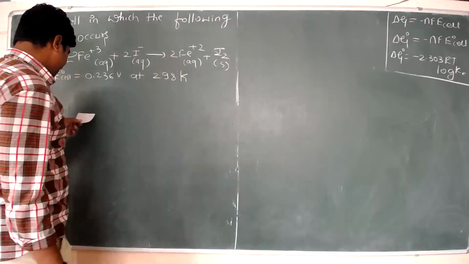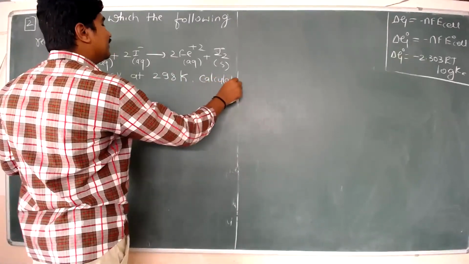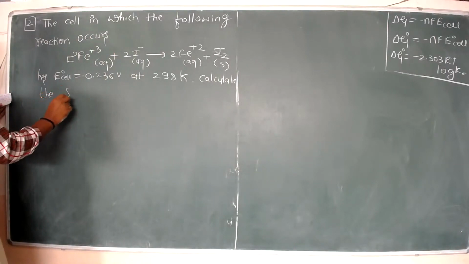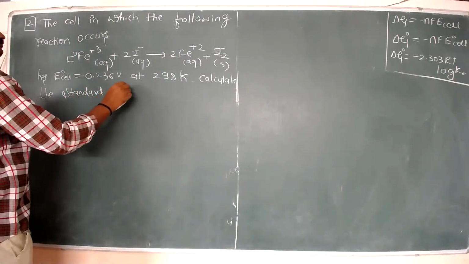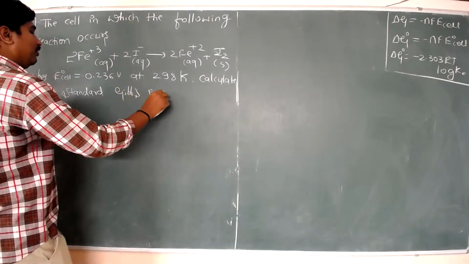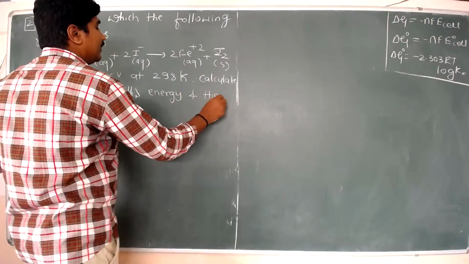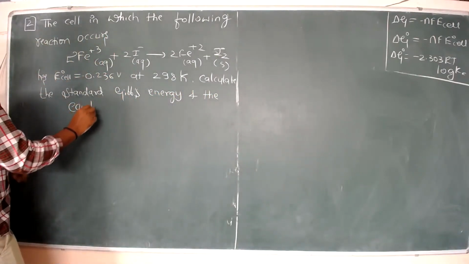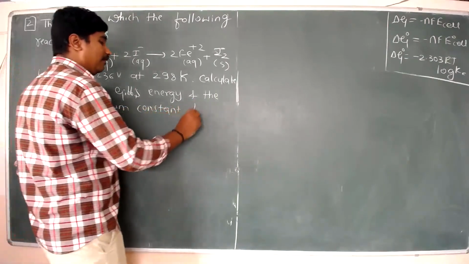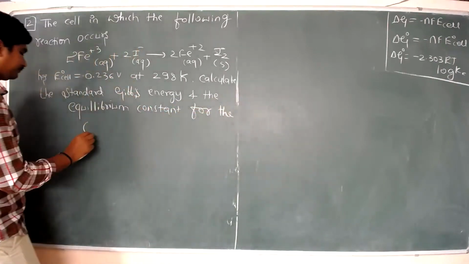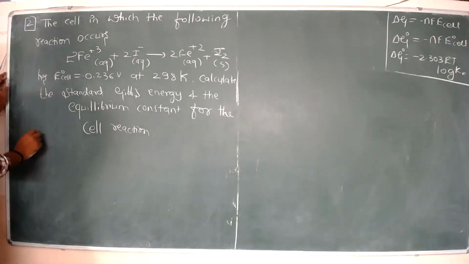At 298 Kelvin temperature, calculate the standard Gibbs energy and the equilibrium constant for the cell reaction.